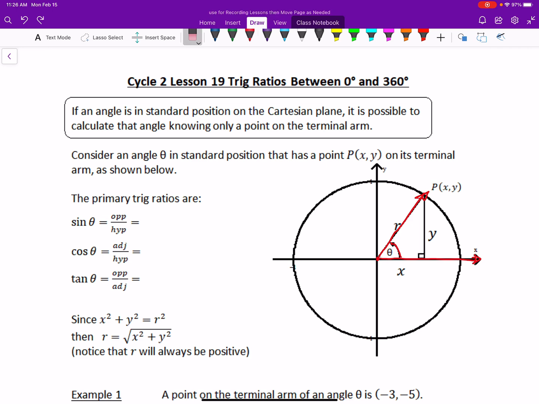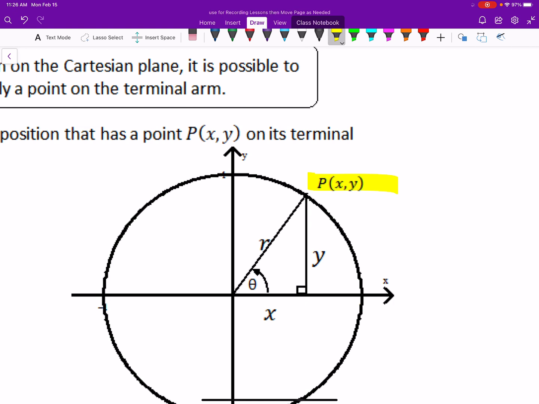So let's consider for a moment a point on the Cartesian plane. Call it (x, y), so it could be any point. This point looks like maybe it could be the point (4, 3), but that's just where it looks like it is, and it could be anything.